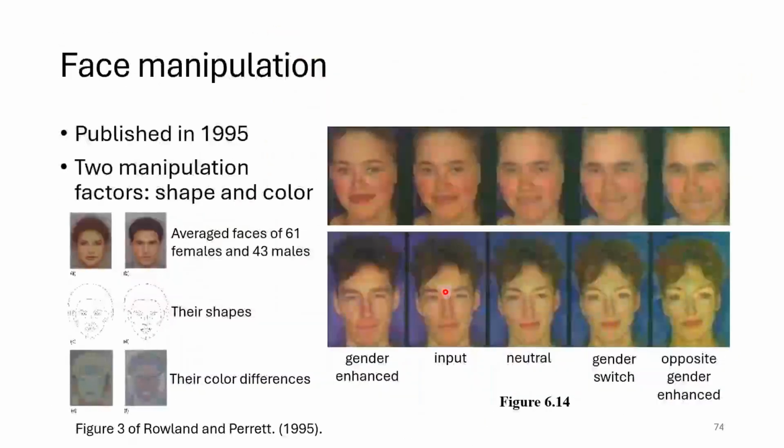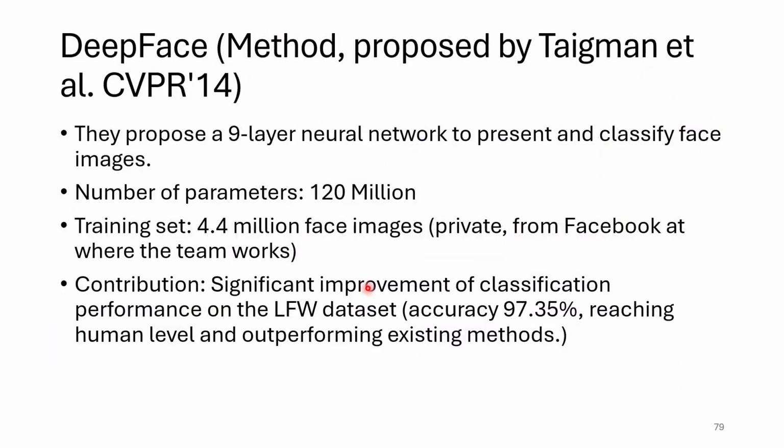So who do you guess can get 4.4 million faces in 2014? Facebook. That's right. Facebook had so many faces in that year, because there are so many users of Facebook, and they upload a lot of images to Facebook.